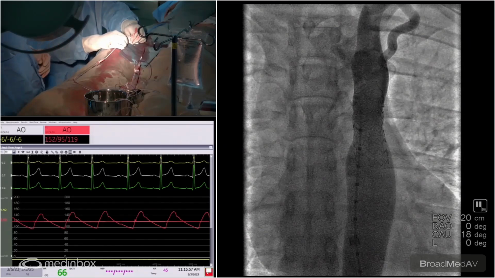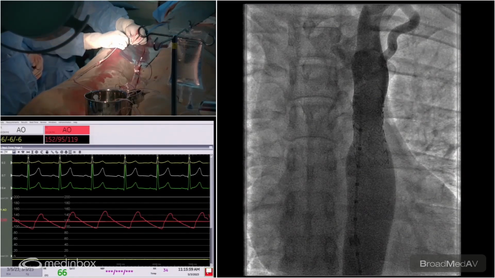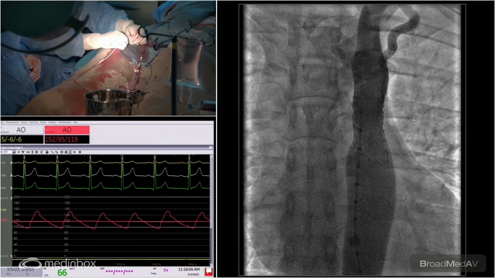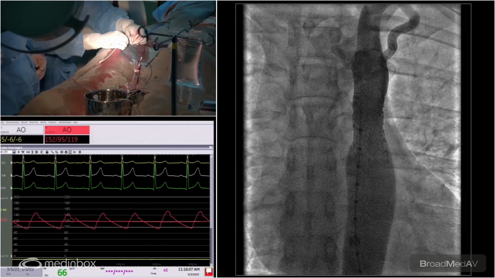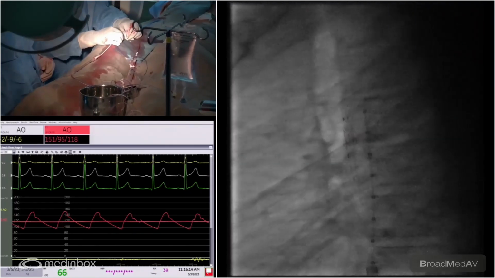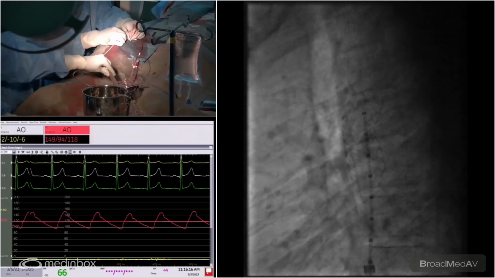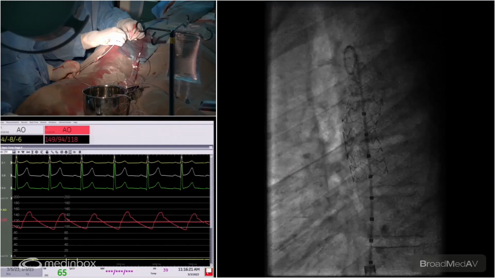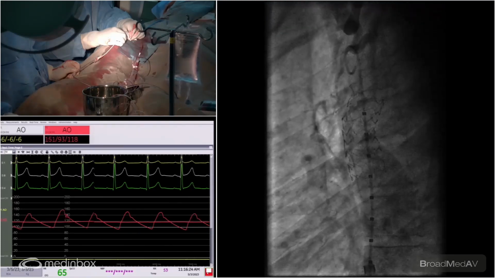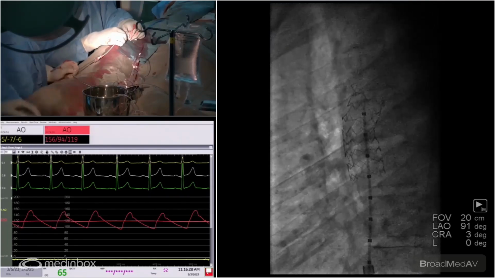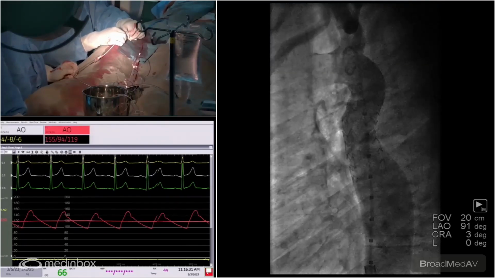Let's do a lateral view angiogram also. Little up. Okay. So let us get another picture. There are a couple of tiny collaterals that are seen.